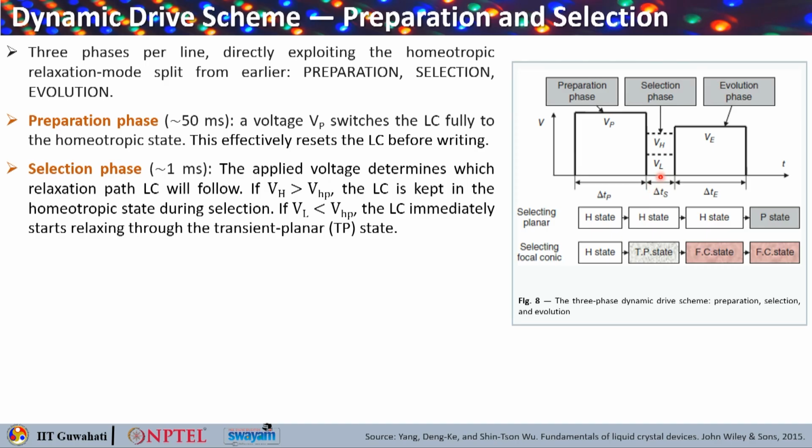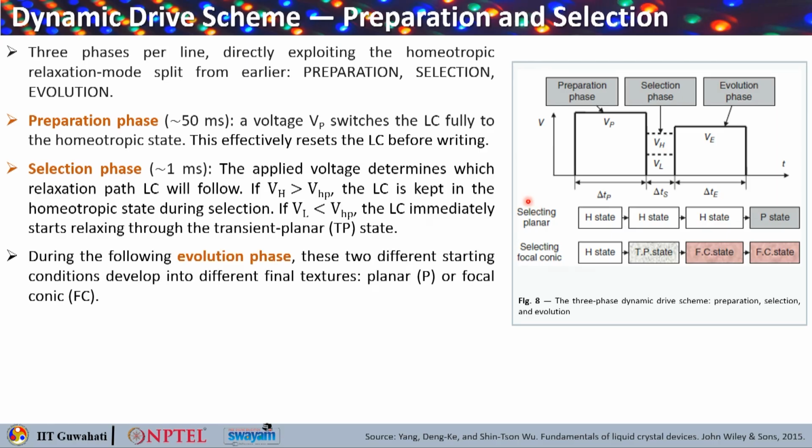If your VH is greater than VHP, in that case the liquid crystal is kept in the homeotropic state during the selection. If you consider VL less than VHP, in that case the liquid crystal immediately starts relaxing through the transient planar state. Then comes the evolution phase, which follows immediately after that.